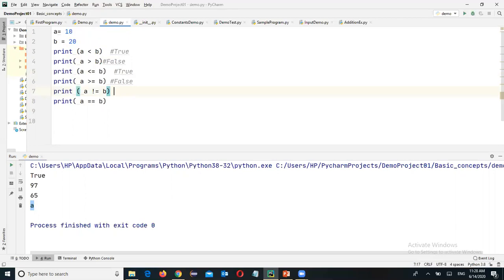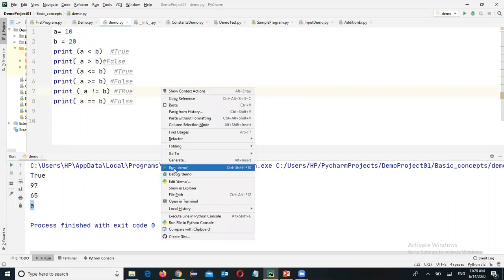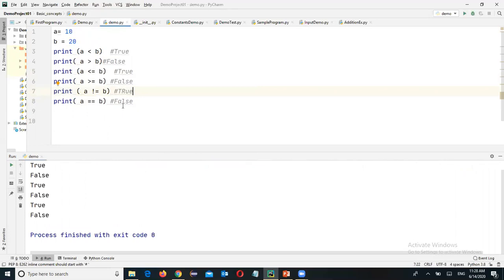A not equal to B, yes it is true. A equal to B is false. Like this, the output we are going to get. True and false values are going to come, so the values match with the respective condition, A less than B, A greater than B, like this.